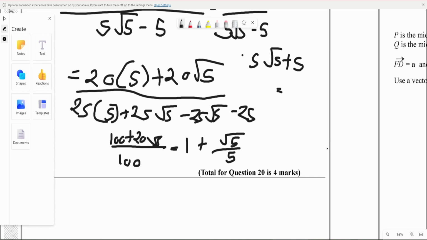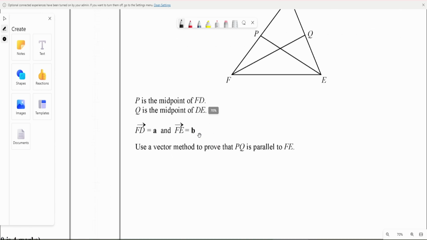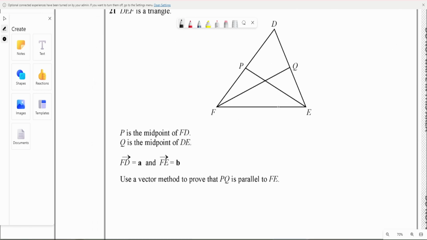And that is a vector question. These are quite nice because they're actually really simple to understand. It says P is the midpoint of F and D, right there.